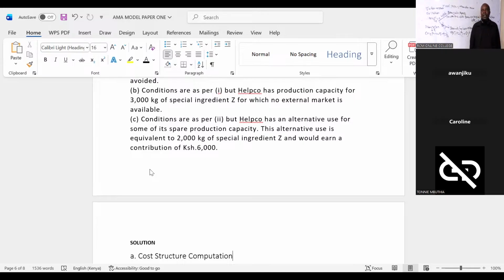With this Z, we have 2,000 units which have an alternative use, and this alternative use will give us 6,000. So if our sister department wants us to stop using this Z for the alternative use, they must be willing to compensate us, to give us the profit that we would have earned.